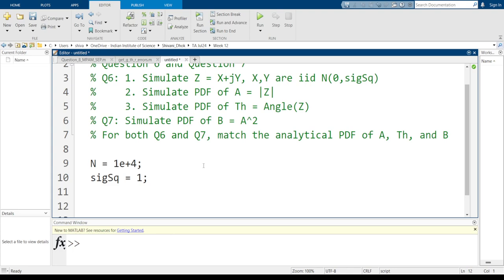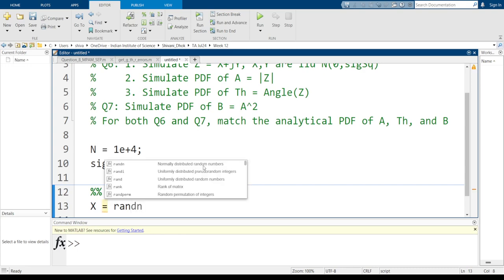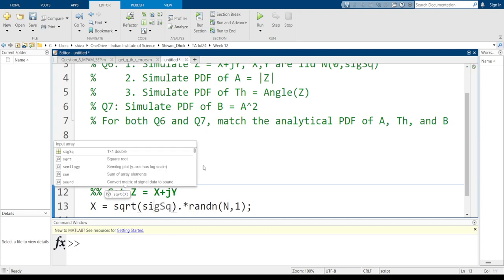Okay, fine. So now let us first generate Z, which is X plus jY. For that we need X, which is a Gaussian random variable. How many do we need? We need n comma 1, and this is a standard Gaussian random variable, so we need to multiply it by its standard deviation, not variance. So this gets multiplied by the square root of sigma square.